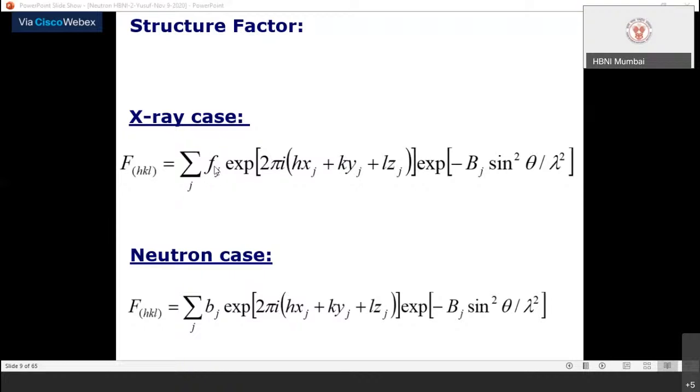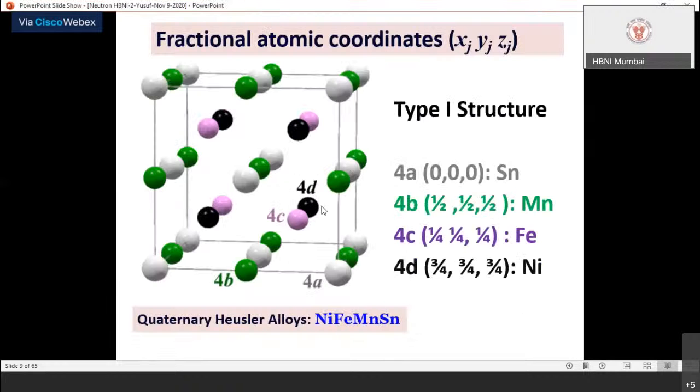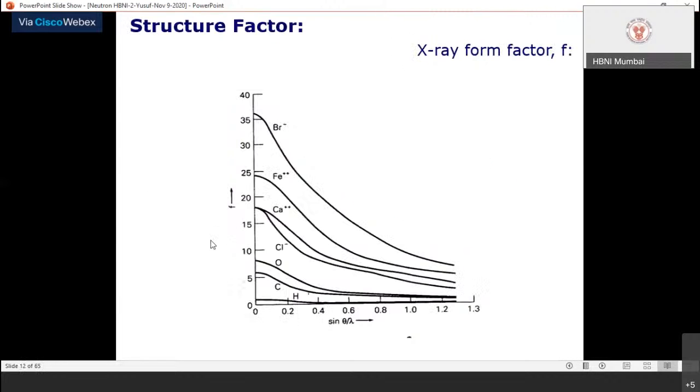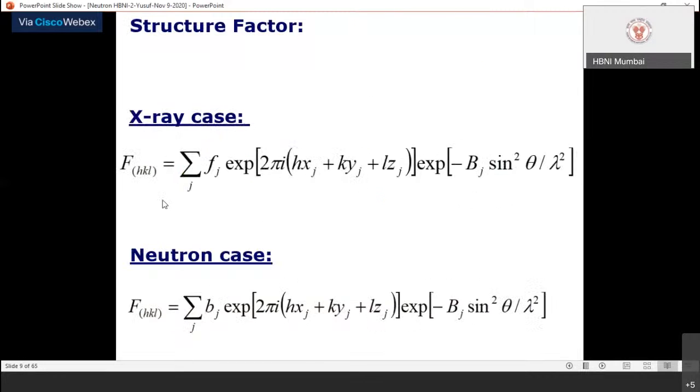So very precisely, F is a function of Q, where the magnitude of Q is 4 pi sin theta per lambda, and it is a Fourier transformation of the charge cloud in real space. So that corresponds to the X-ray case.